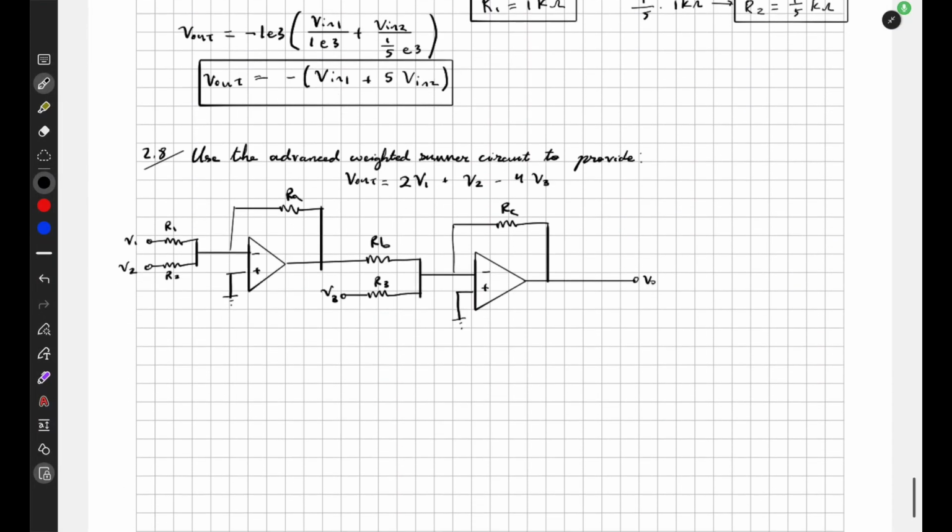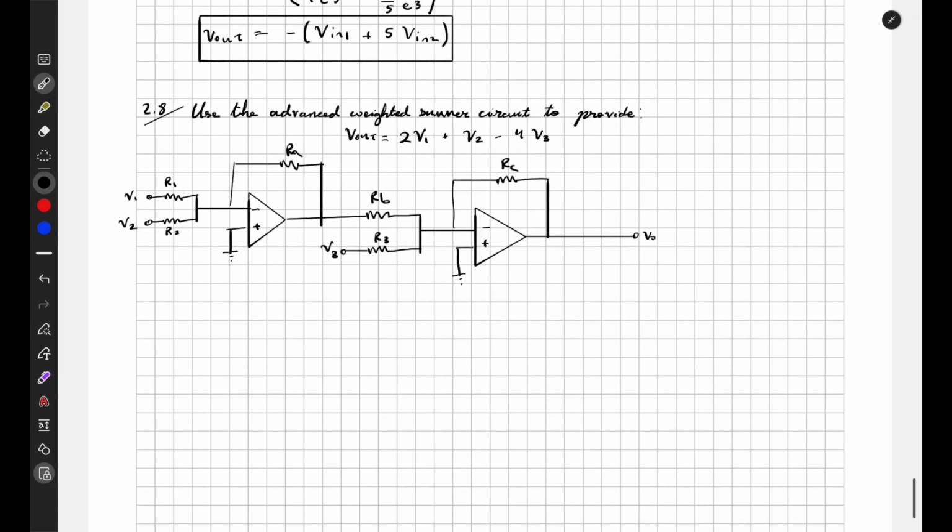So the next practice problem is 2.8. It is asking to use the advanced weighted summer circuit to provide this additive summation relationship across the inputs. Now, how can we approach this problem?